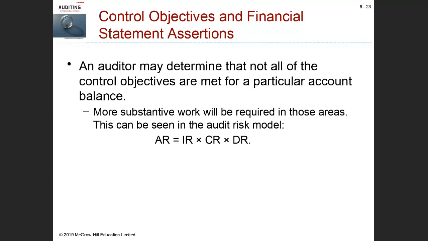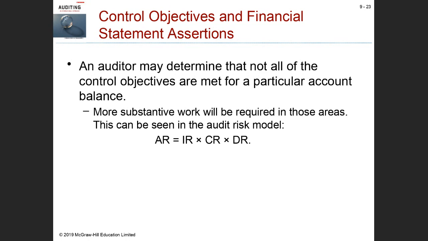And then if we look at the audit risk model, we said AR, audit risk, is a function of IR, inherent risk, multiplied by control risk. Control risk is the risk that management's internal control system will fail to prevent, detect, and correct material errors in the financial statements. IR and CR together, we said, are called the risk of material misstatement.